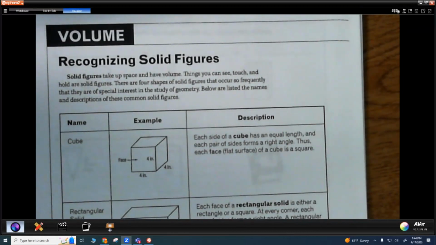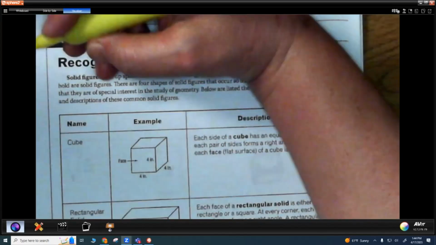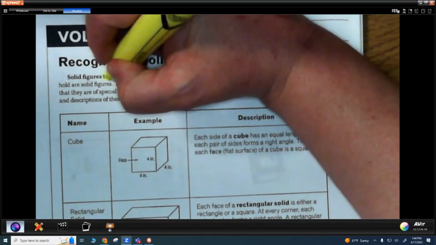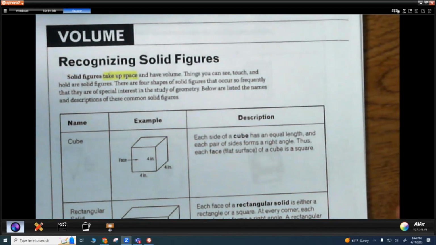All right, so you can always think of a solid figure or a three-dimensional figure as something that takes up space. Just any physical thing in our world. You can see, touch, and pull solid figures.